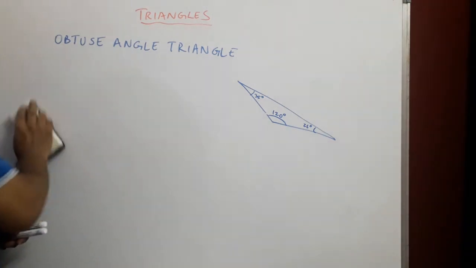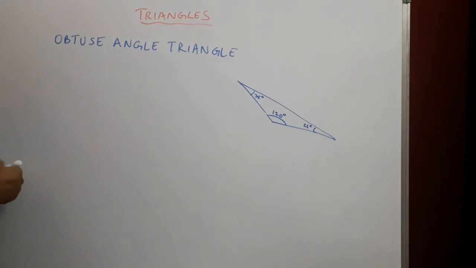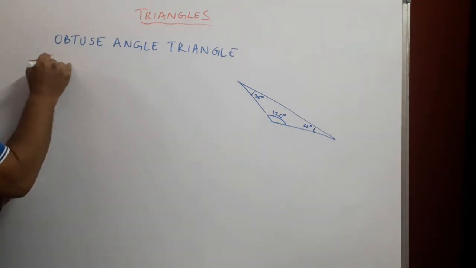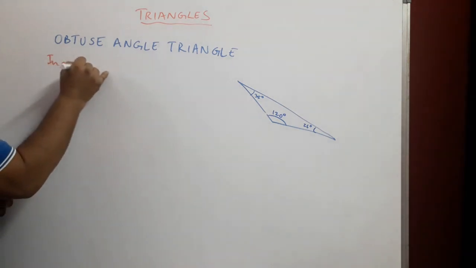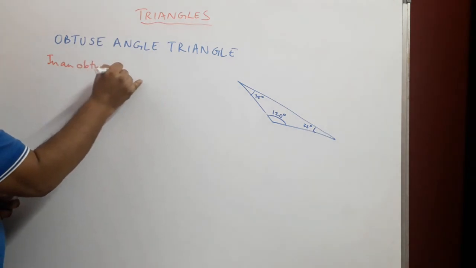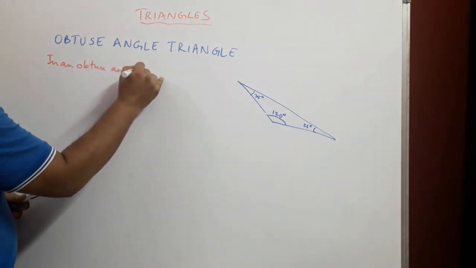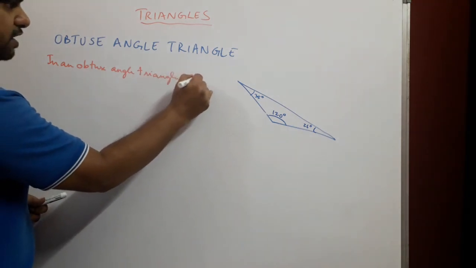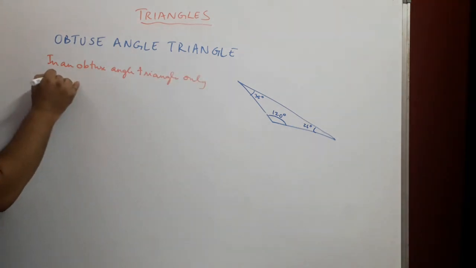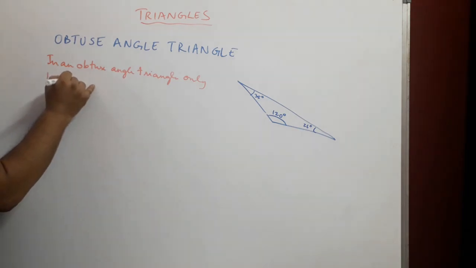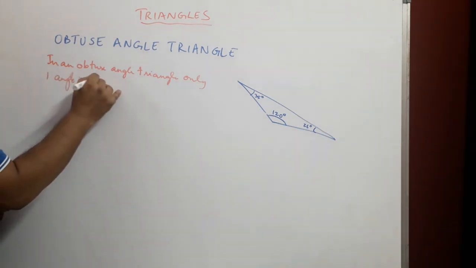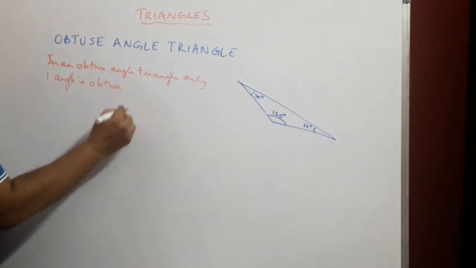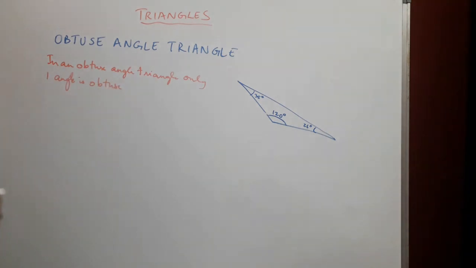So we can say in an obtuse angle triangle, only one angle is obtuse. Okay, this is an obtuse angle triangle.